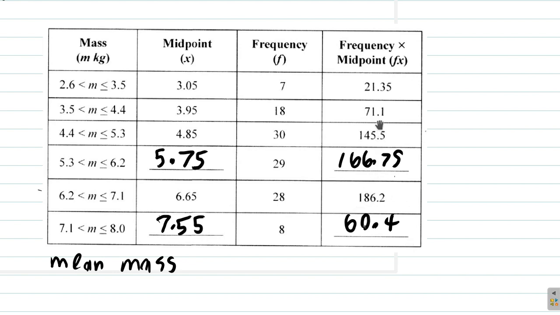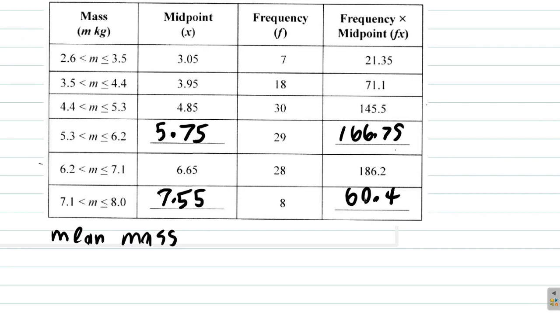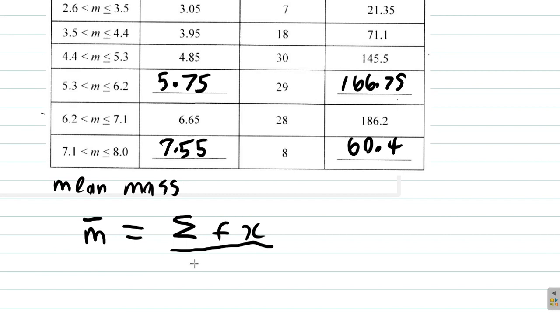All right. So here, the mean mass, you can write it like this. M is used to represent mass, so the dash above it is the mean, is going to be the sum of fx, the sum of frequency times x, divided by the sum of the frequency.